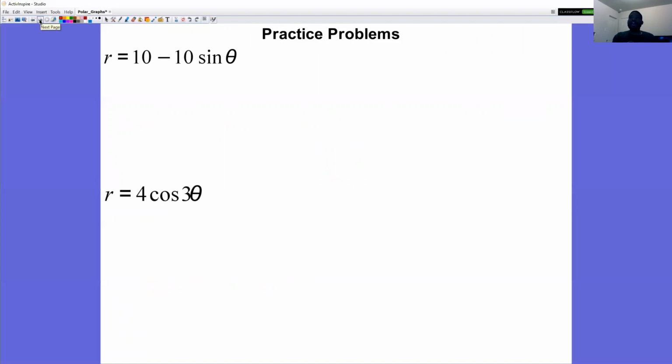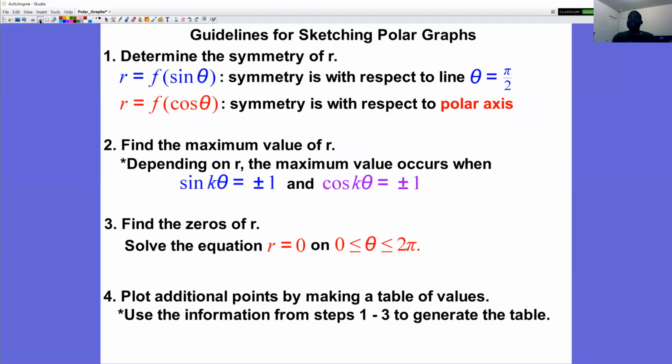So now we have arrived at the part of the lesson where we're putting all of this together. We're going to go back to sketching polar graphs again, but we're going to utilize 4 things. We're going to utilize symmetry, max value, zeros, and a table.